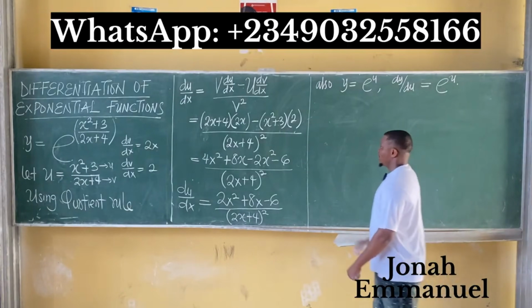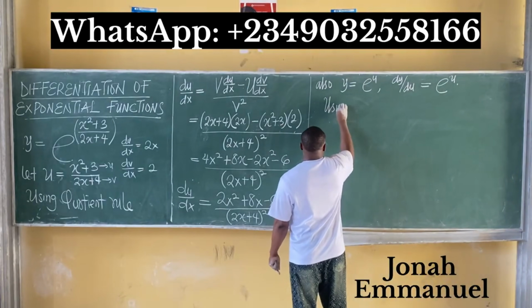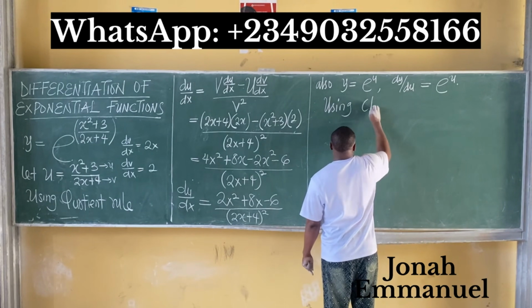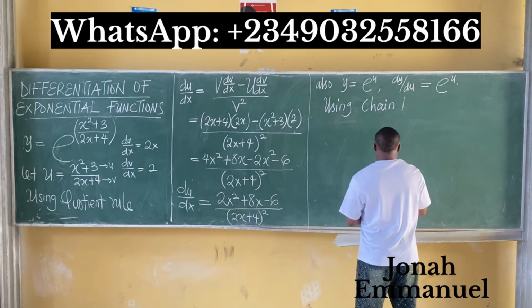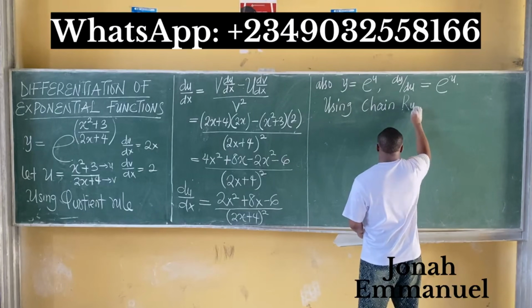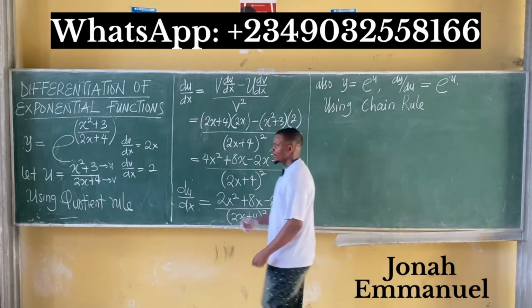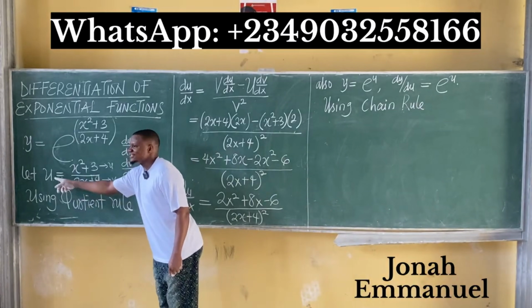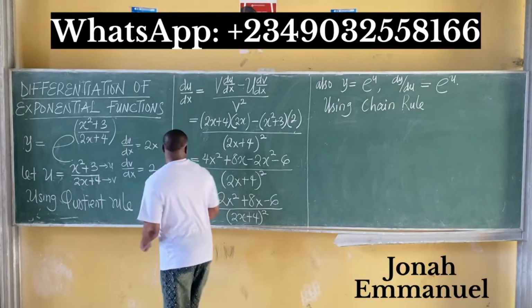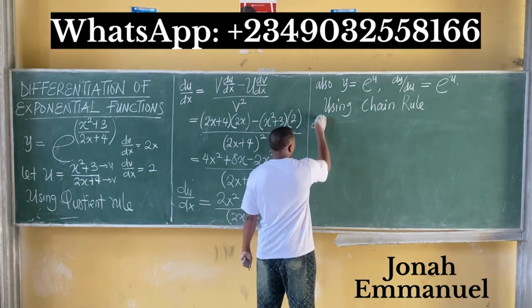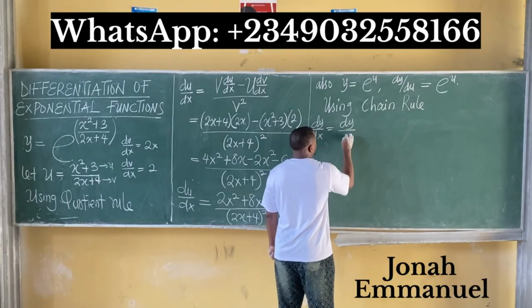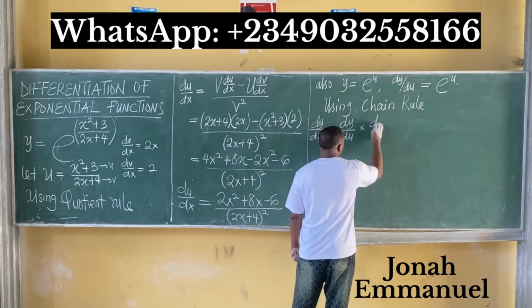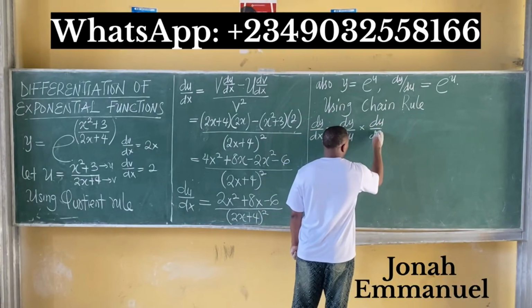All right, so using chain rule. The major thing here is actually chain rule, just that while using chain rule, we also employ quotient rule to solve this part, but this is not the main question. Using chain rule, dy dx is equal to dy du times du dx.